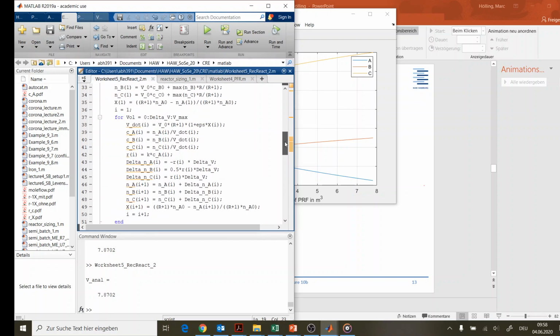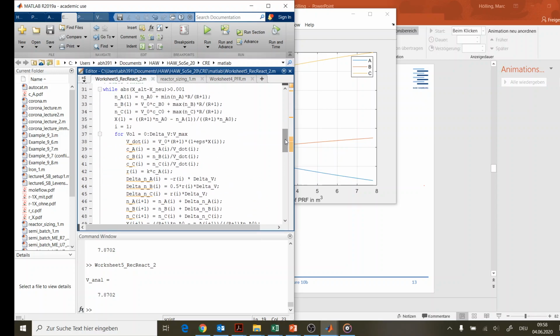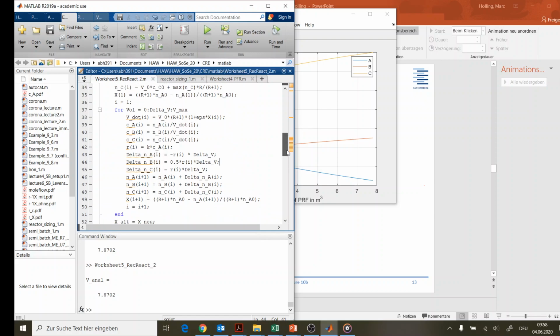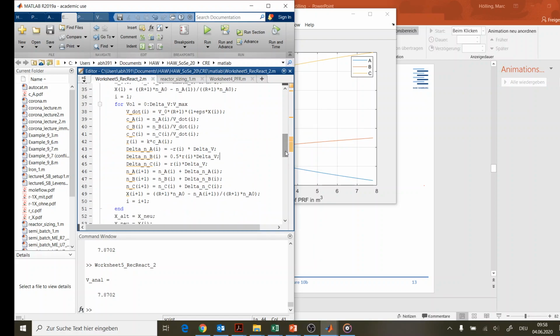So if you want to go for a conversion of exactly 80% at the outlet, then you could implement it as an additional while loop or whatever, but this would make the code not so easy to understand.